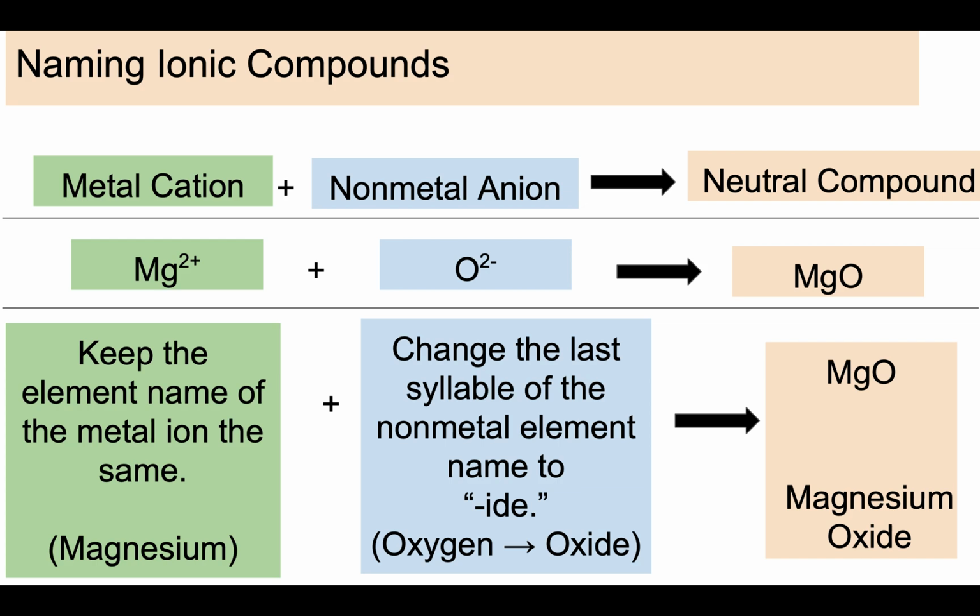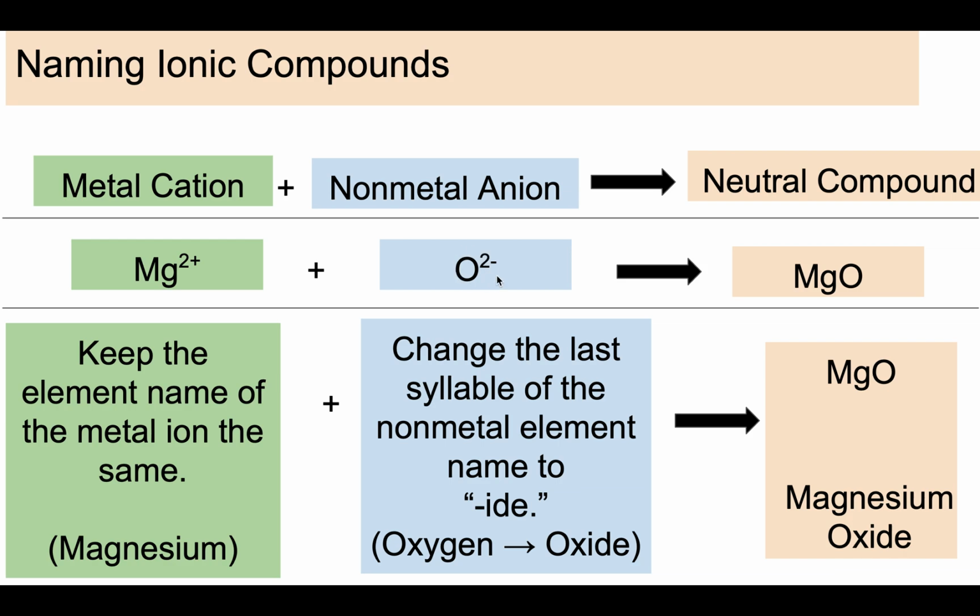Now, when we go ahead and name these compounds, we always write the metal cation first. So keeping with our magnesium oxide example, our metal that we started off with was Mg, or magnesium. We're going to keep that element name the exact same, still calling it magnesium. We've combined that with our nonmetal, our oxygen.